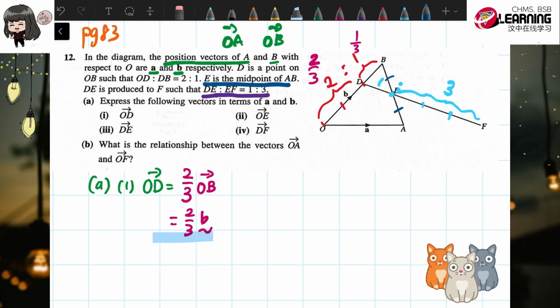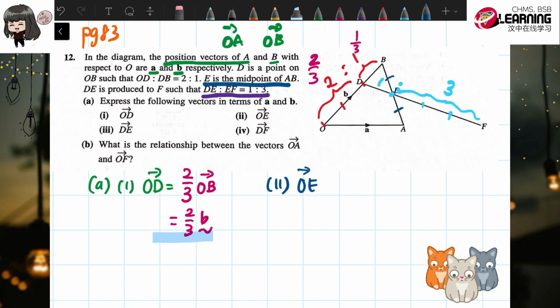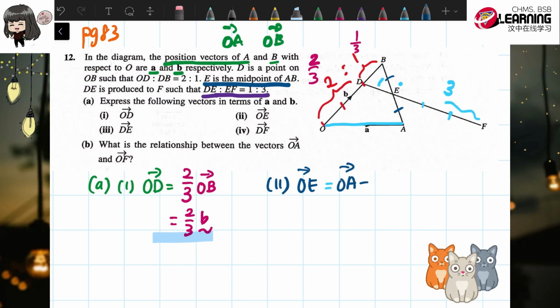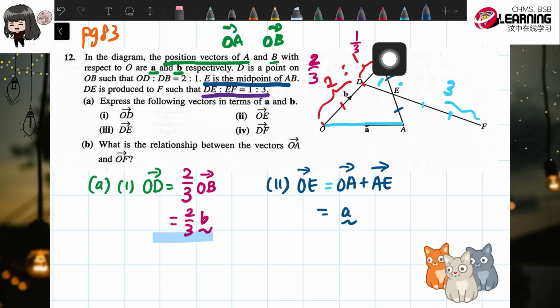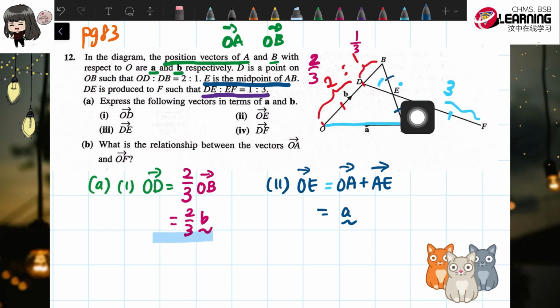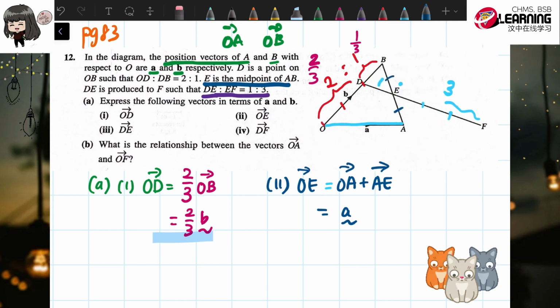Let's look at part 2. Part 2 is OE. O goes to E. You can go OA first and then AE. But the thing here is we have OA, but we don't have AE. But we know that AE is half of AB. AB we can find because AB is AO plus OB. So plus half of AB.